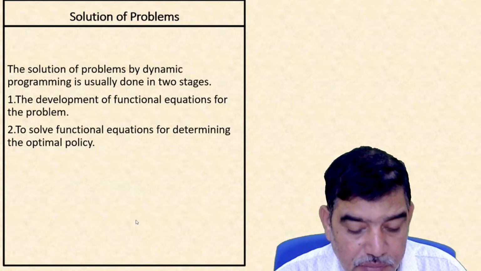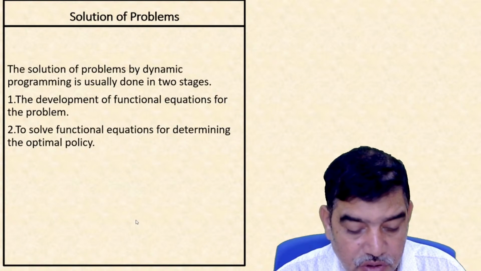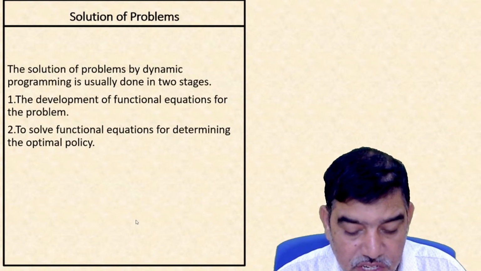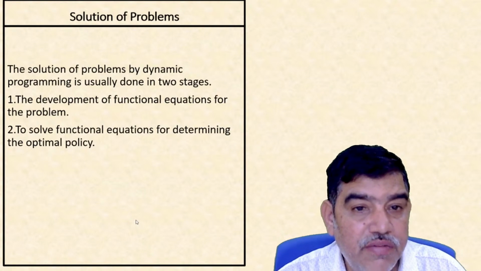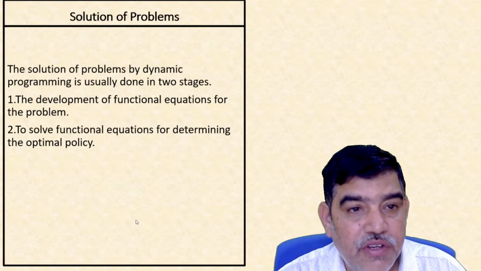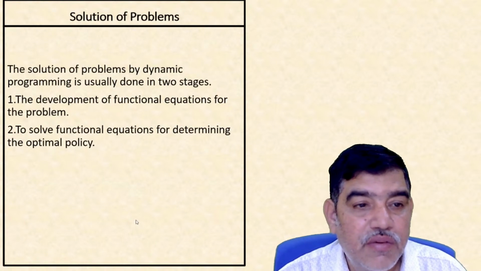Similarly, dynamic programming theory developed the so-called functional equation approach, which offers a unifying but not fixed format of expressing the decision problem mathematically. So these are the two types of processes we follow to solve the dynamic programming problem.